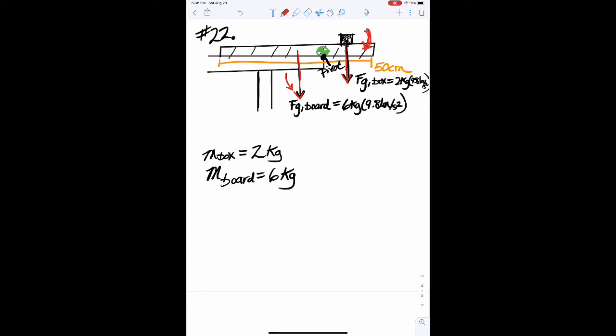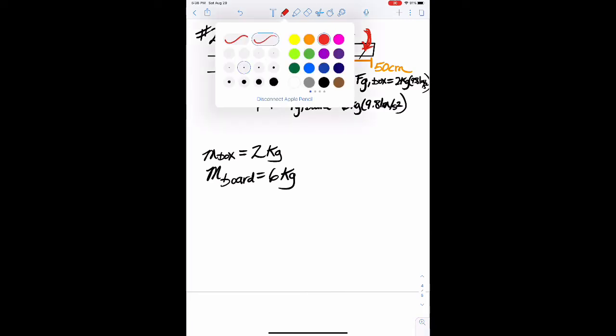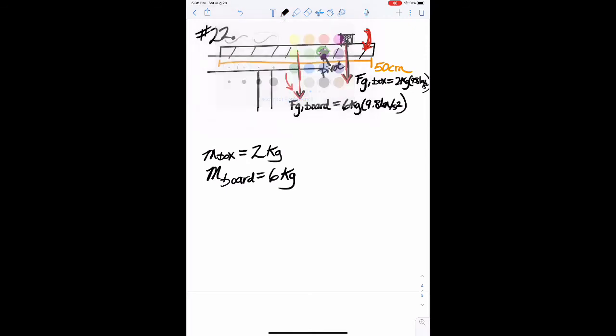And there is going to be a normal force, but it's going to be at the pivot right here, because the board is ready to turn. It's pretty much off the table except for its contact at the pivot. So this is what we should expect.